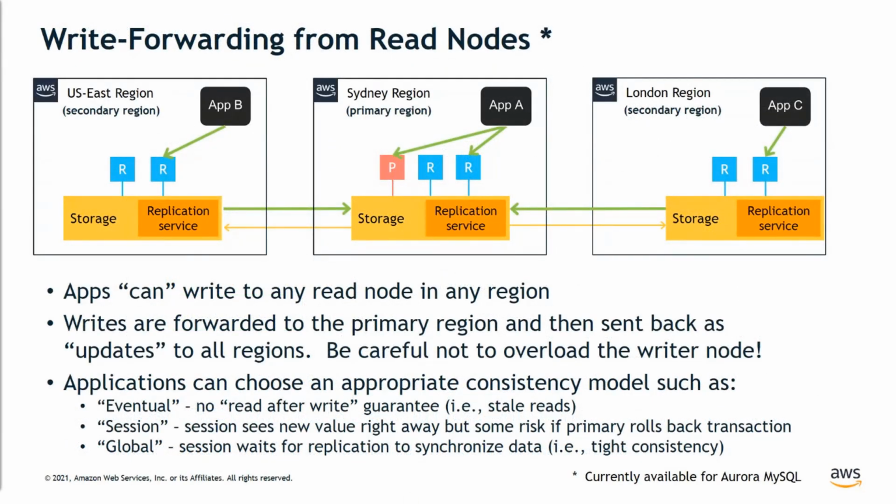There are some customers that have very strict high availability requirements and need to be able to write from any region into the primary region.